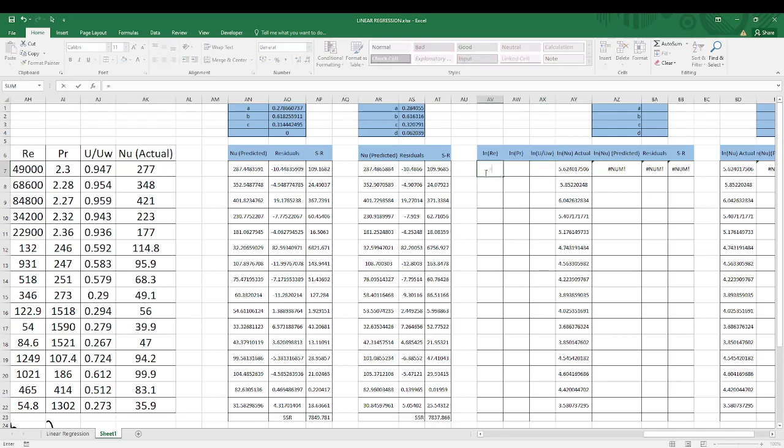So this should be ln of this one, and ln for the frontal, and for the viscosity ratio, ln, this one.